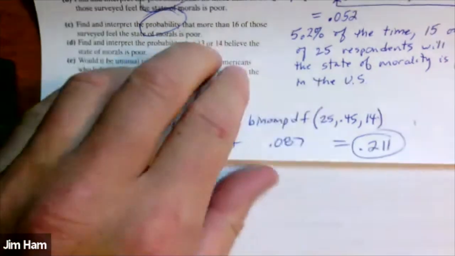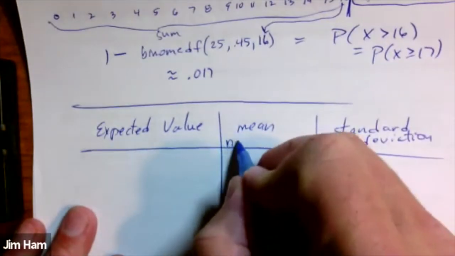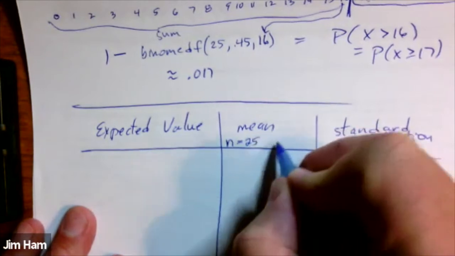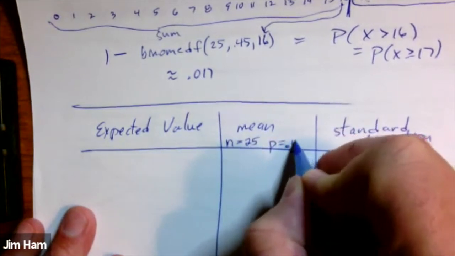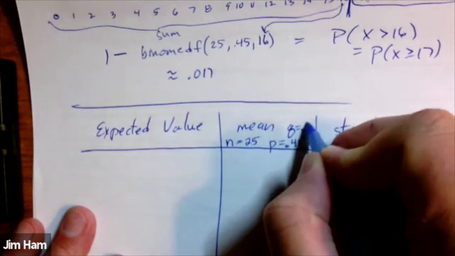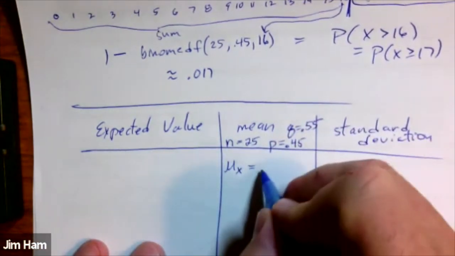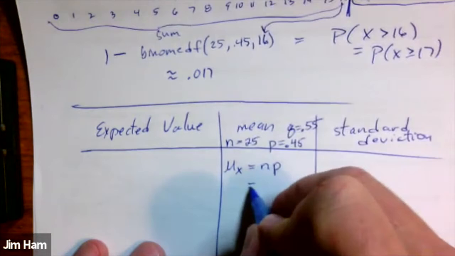So what is the expected value? We have N is equal to 25, and we have P is equal to 0.45, which makes Q equal to 0.55. The mean is N times P. There's our formula.